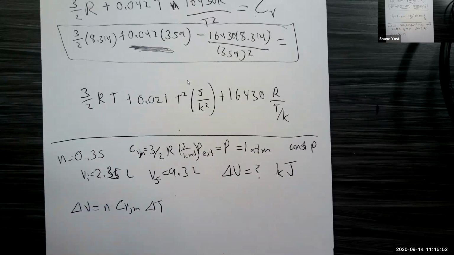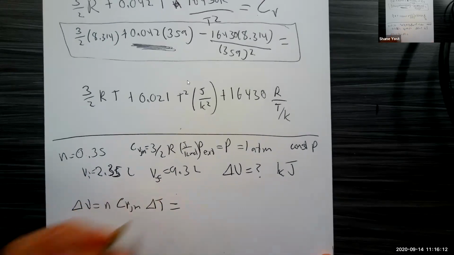Yeah, sorry, I need to fix that. Well, because here the units are built into R. R has units of joules per Kelvin mole, so no need to multiply by n.